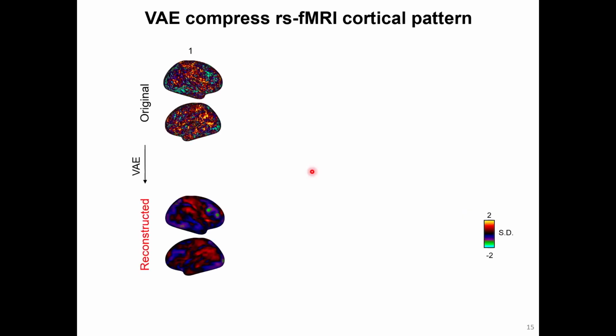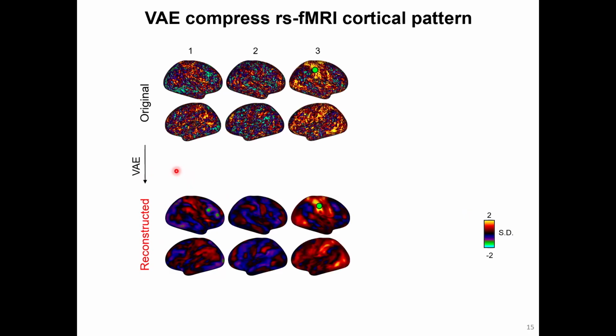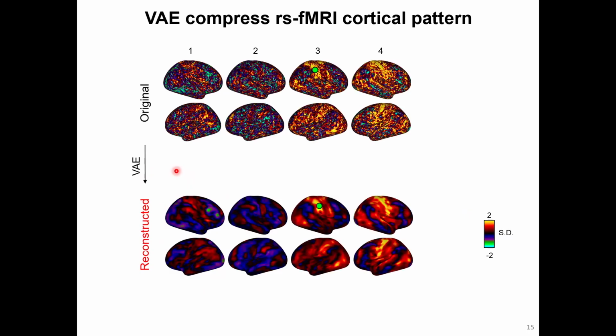After we trained the model well, we first wanted to look at whether the VAE model can compress the activity of the resting state fMRI data. This, for example, is the original fMRI data, and after going through the VAE model, we can see the pattern is a somewhat smoothed version of the original image, but we can still see that the patterns look quite similar.